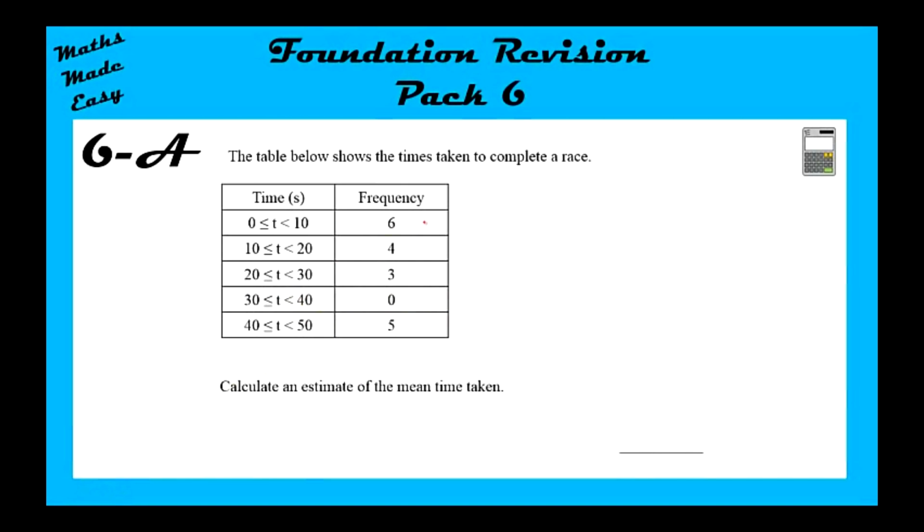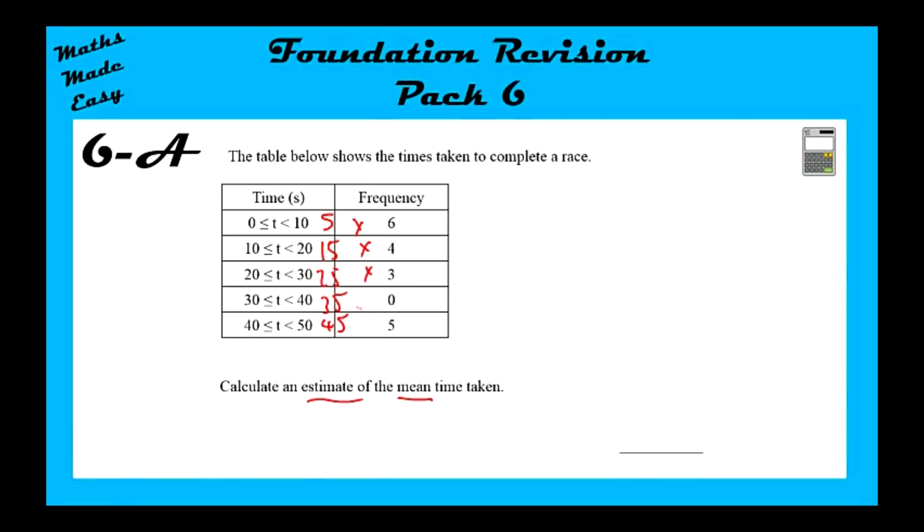Question 6a. We've got some times for a race and we need to calculate an estimate of the mean taken. This word estimate here is a bit of a clue to help us to remember to do the midpoints, because we're only estimating these times. So between 0 and 10 the middle is 5, between 10 and 20 the middle is 15, and we get 25, 35, 45 and so on.